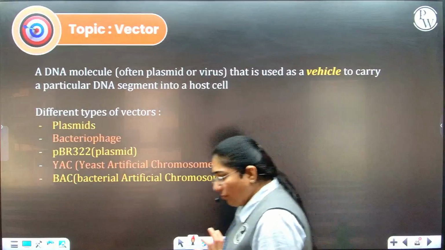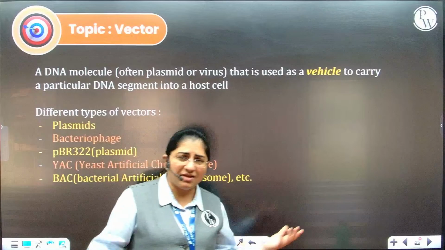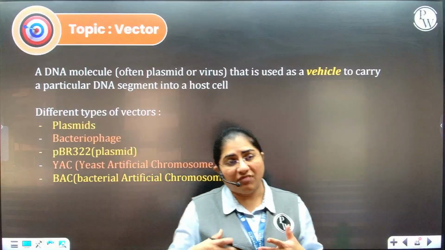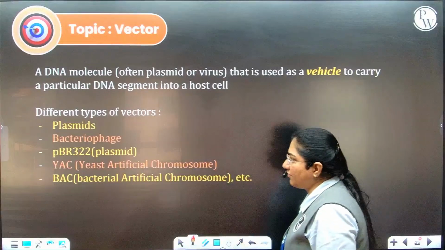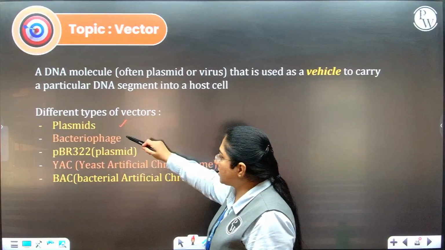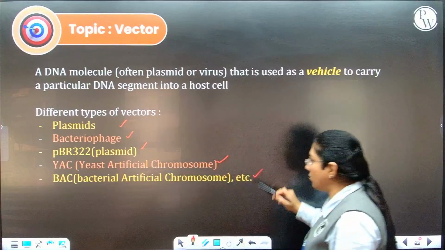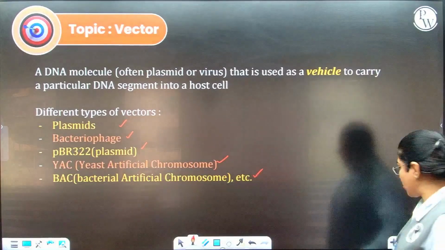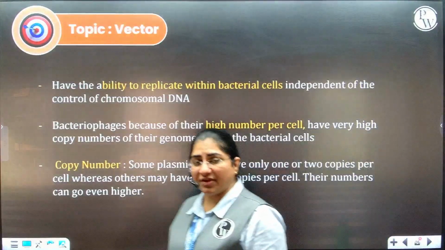Now, when we are forming the rDNA, when we are using a vector, is it that any vector can be used, or will we be using the same vector every time? No, we will be using different vectors such as plasmids, bacteriophage, pBR322, YAC, yeast artificial chromosome, bacterial artificial chromosome, etc. Are there any criteria that a vector should fulfill?